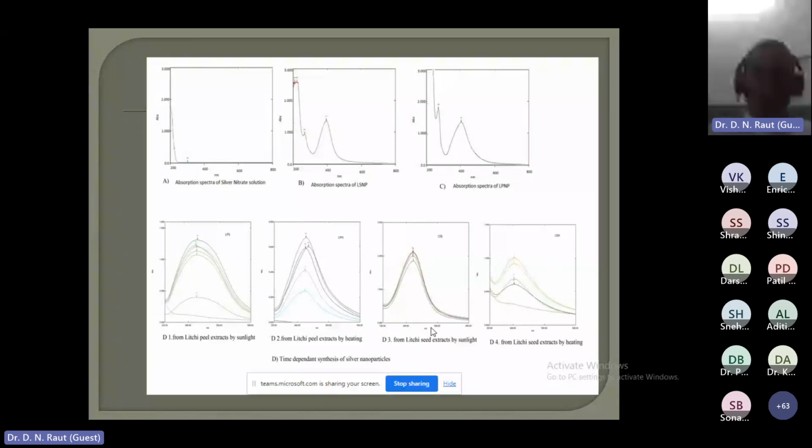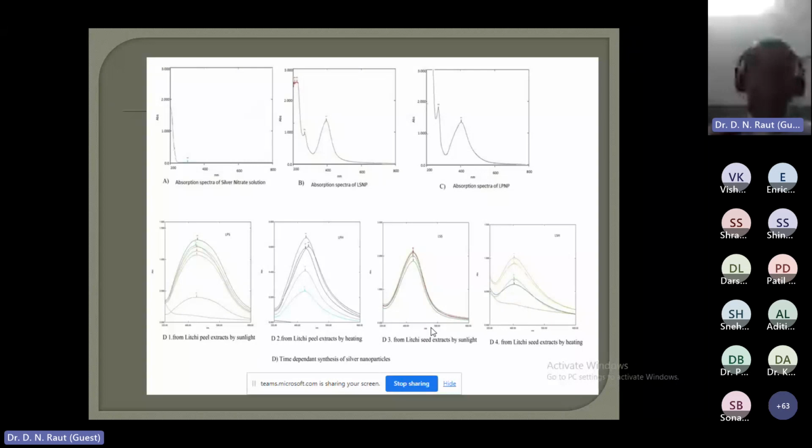And we have monitored this in sunlight as well as in heating at different time intervals. So you see in the peaks below, UV peaks, if you increase the time period, then the nanoparticle formation increases. The height of the peak indicates the concentration of the nanoparticles that you got.